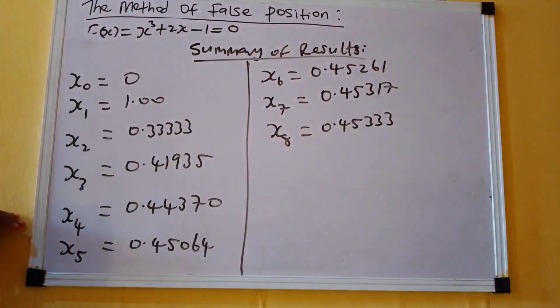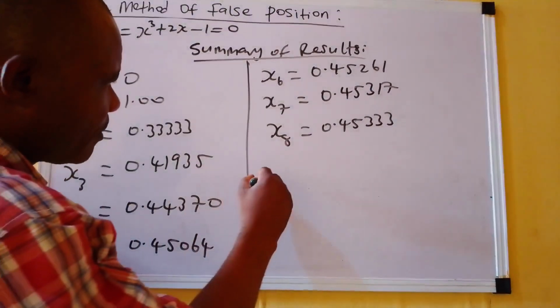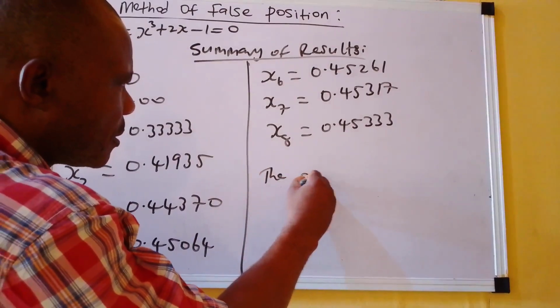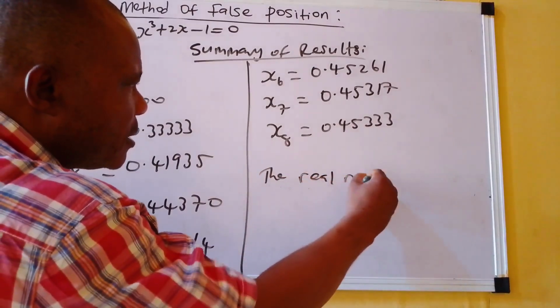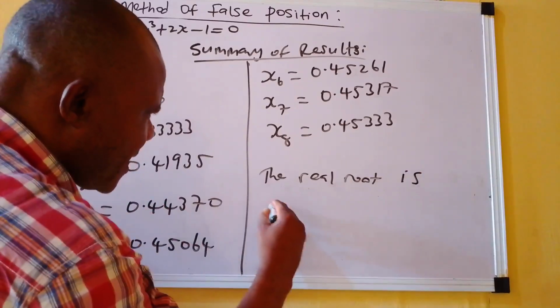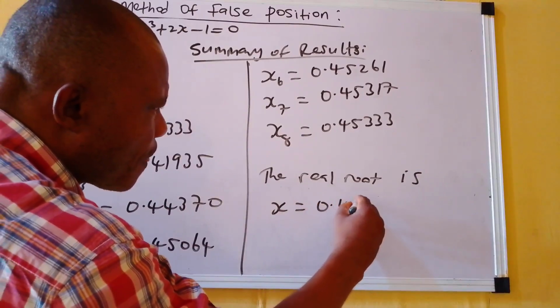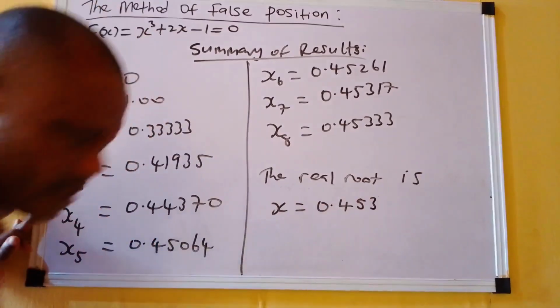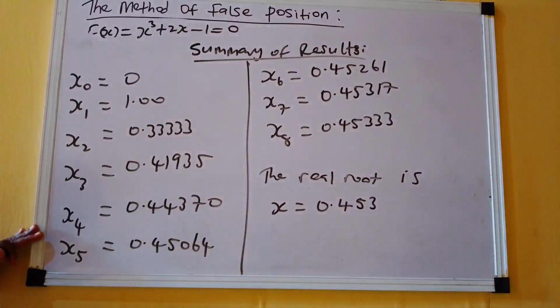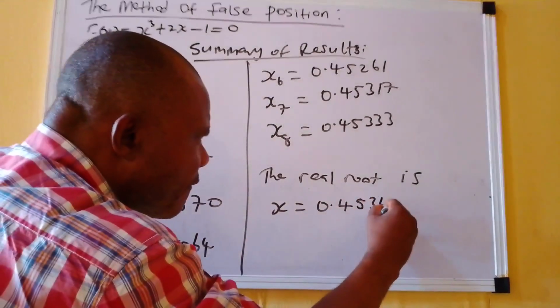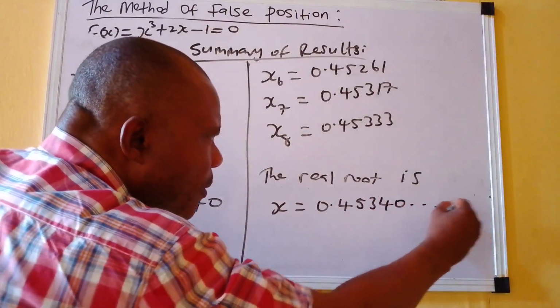So you can see, from this same problem we solved using the Newton-Raphson method, the real root is x equal to 0.45340, like that.